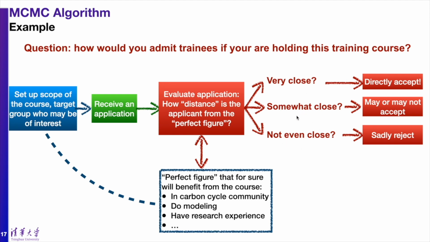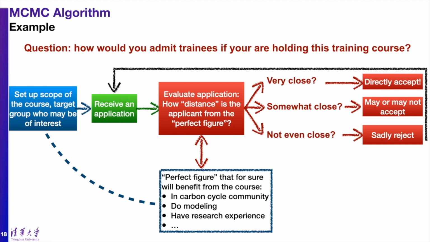And of course, we may also receive applications where the background of the applicant is not even close to the scope of this training. In this case, we can just directly reject the applicant. After we make a decision on one application, we will make decisions on the following applications via the same algorithm.